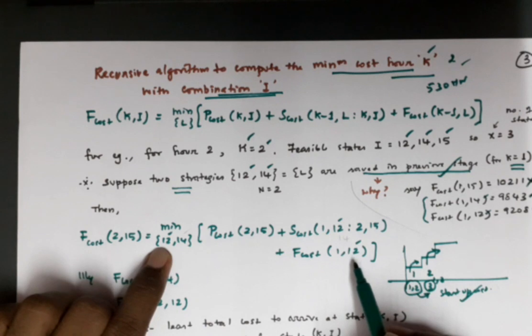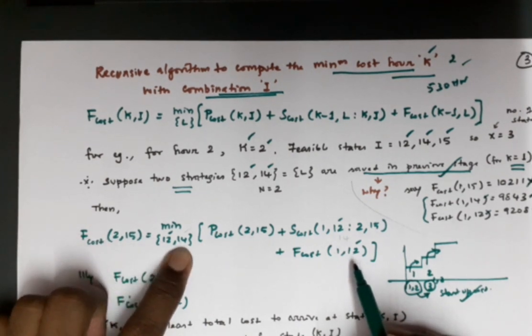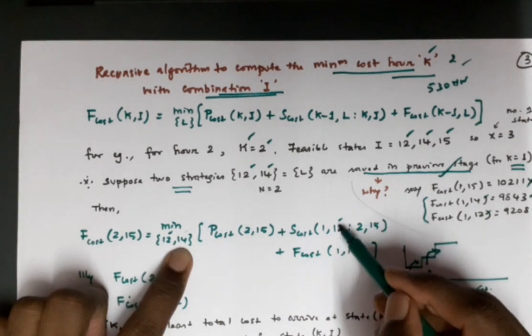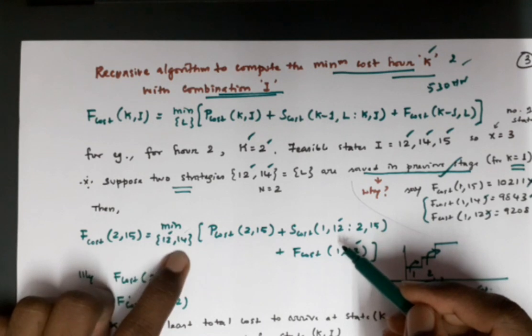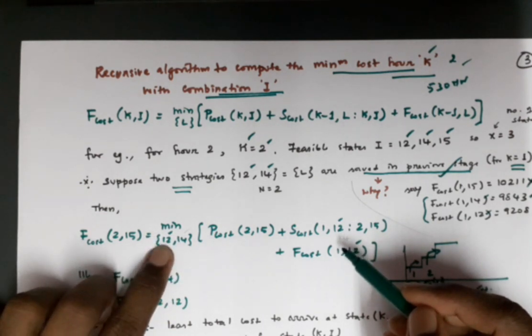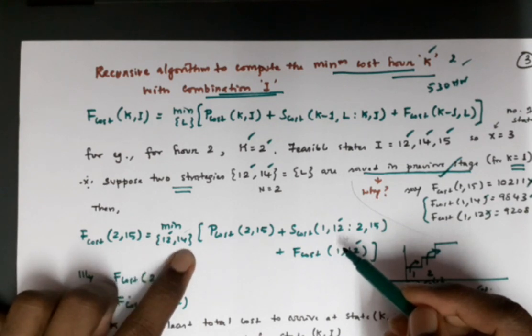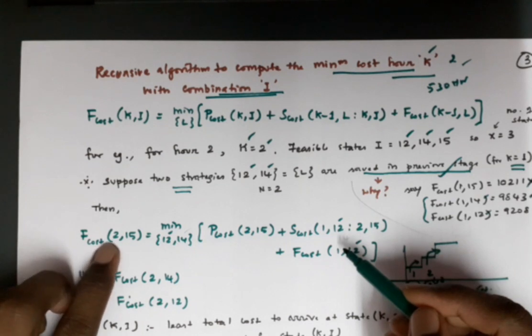Similarly, you should find f of 2 comma 15 for this 14 also. So you substitute 14 instead of 12 and find one more cost. So for f of 2 comma 15, for state 12 you will get one cost, and for state 14 you will get one cost. The minimum of them you should take. That is going to be f cost of 2 comma 15.